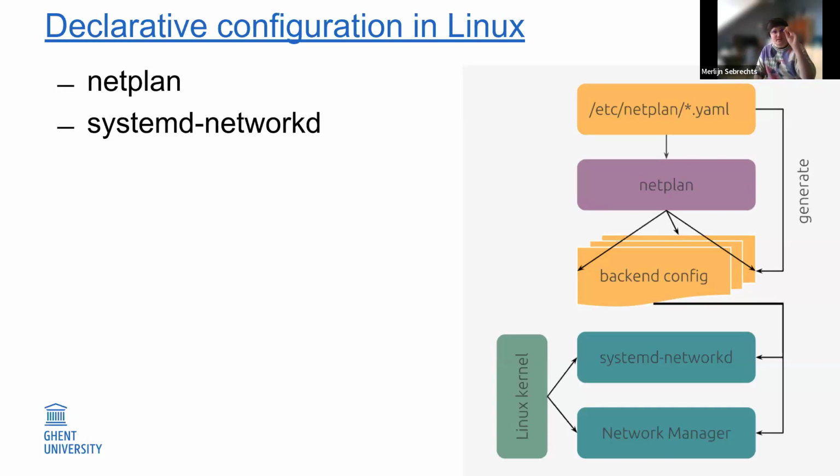NetPlan is a declarative configuration tool on top of that, which can then create manifests for systemd networkd on servers and for Network Manager on laptops. So on servers, you can simply directly use systemd networkd, or if you want to apply certain configurations both to servers and to desktops, you can use NetPlan in order to have a more generic way to configure that.